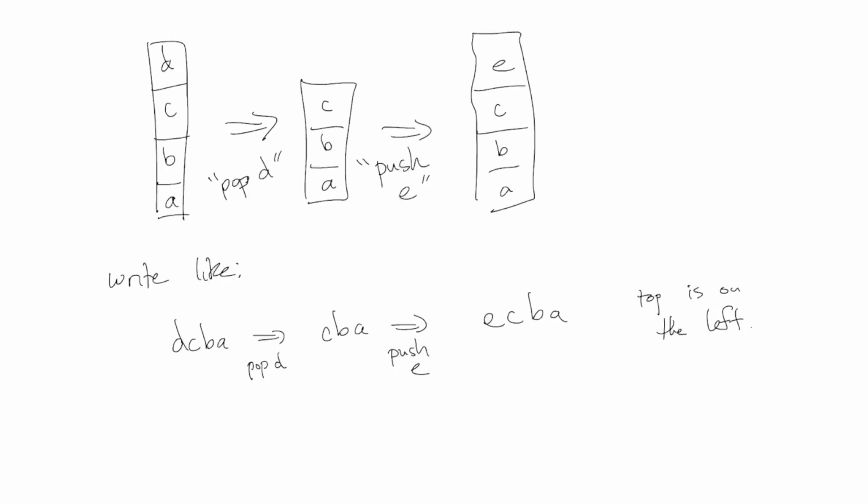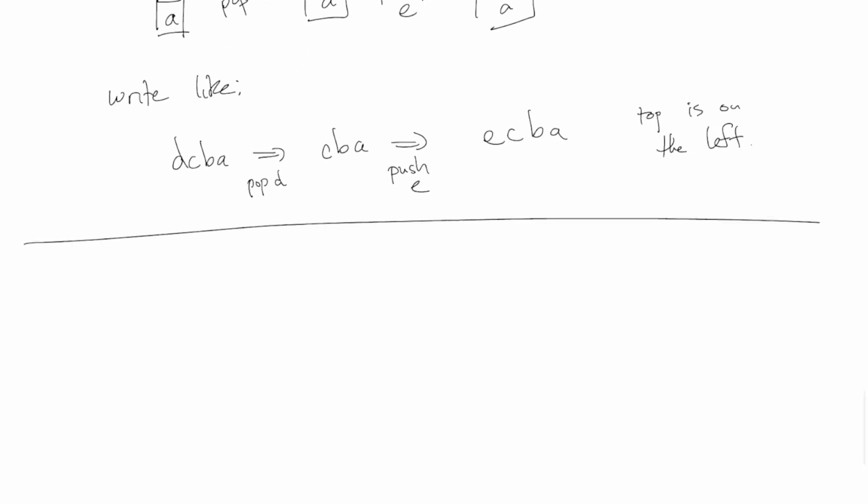Excellent. I think maybe we can just do an example of a stack machine. What a stack machine looks like is, like I said, a list of rules that says, when I read this letter, this is how the stack changes. When I read this other letter, this is how the stack changes.